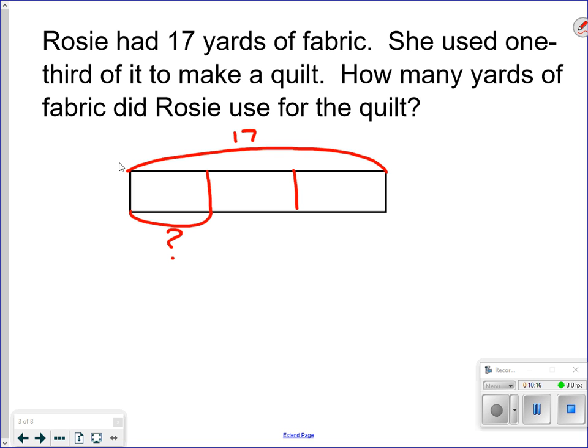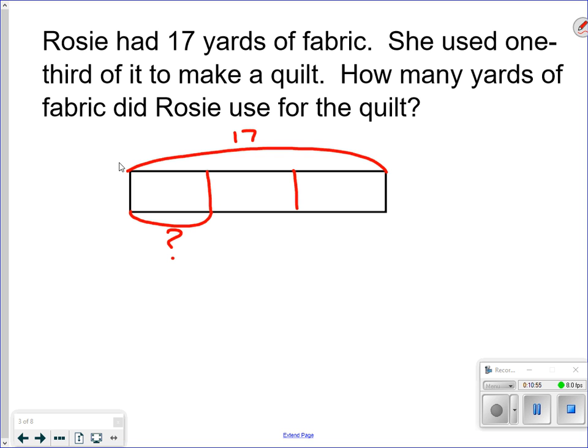If you stop and do any kind of check, let me see if my answer is reasonable, let me see if my answer makes sense, let me see what I should get. 3 going into 17 will not go evenly. 3 will go into 15. 3 will go into 18 with a complete even number.